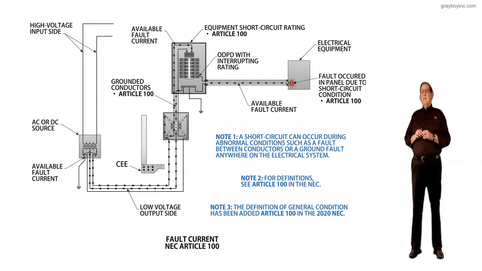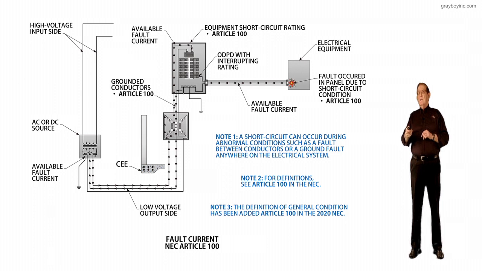Note 3, the definition of general conditions has been added in Article 100 in the 2020 NEC so that we know, viewing the electrical equipment on the right-hand side of the illustration, notice we have the information, fault current occurred in panel due to short circuit condition.